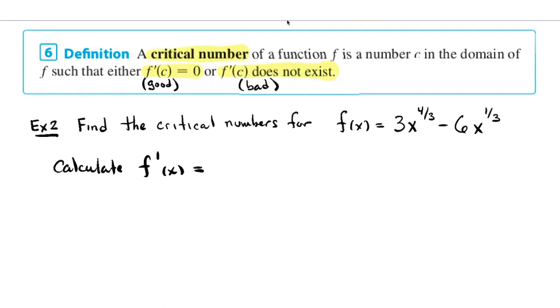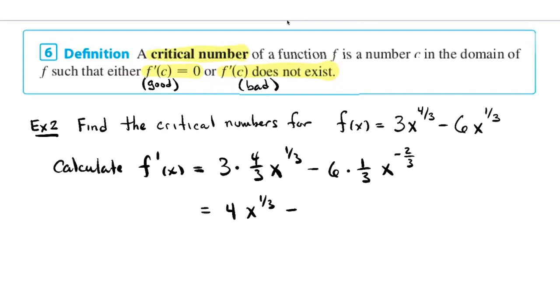It's power rule. F prime of x is 3 times 4/3 x to the, you have to subtract 1, so that's 1/3. And then it's 6 times 1/3, subtract 1 from 1/3, and you get negative 2/3. If we clean up the coefficients a little bit, that's 4 x to the 1/3 minus 2 x to the negative 2/3.